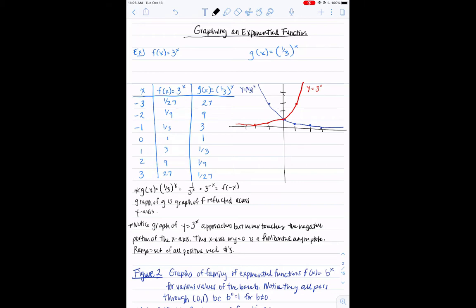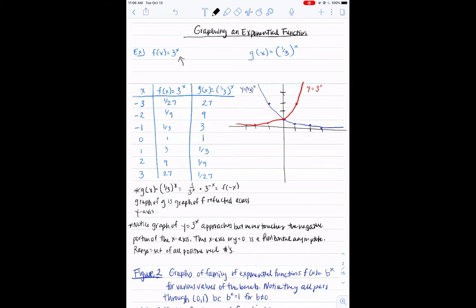So we have g(x) = (1/3)^x. It actually equals 1 over 3^x, right, when we're distributing the x to the denominator and the numerator. And then I could bring the 3 up and then make the exponent negative. So I have 3 to the negative x, which we notice is actually f of negative x here.